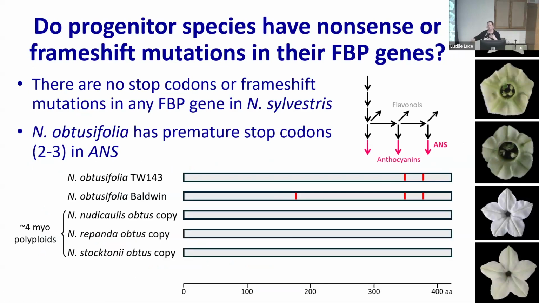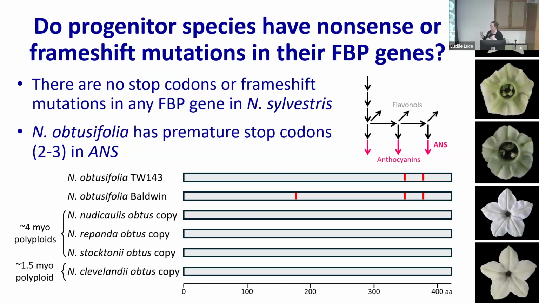But we went and looked at our homolog copies of obtusifolia in our polyploids, and we didn't see those stop codons. We looked at another younger polyploid that also has obtusifolia as a parent, and its obtusifolia homolog also doesn't have these stop codons. So that makes me think that these probably arose in the lineage after it created the polyploids. So it's not really playing a role in the polyploids, but maybe it's playing a role in why obtusifolia cannot make any anthocyanins.